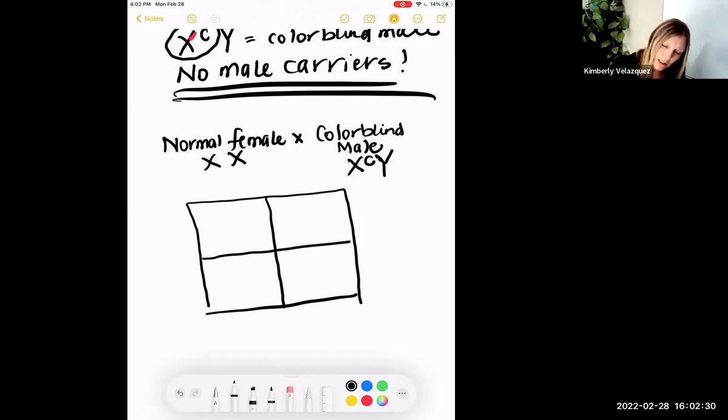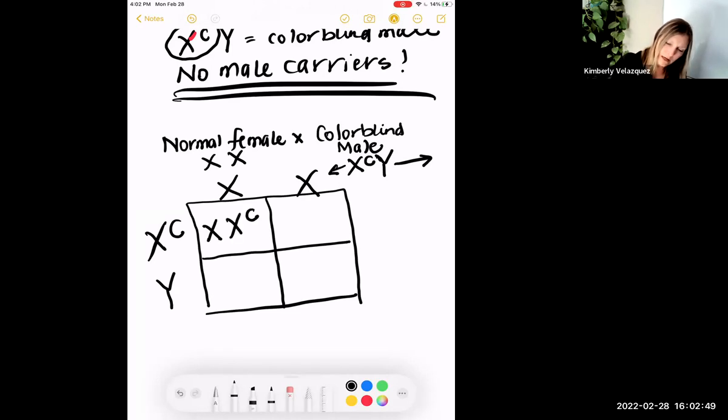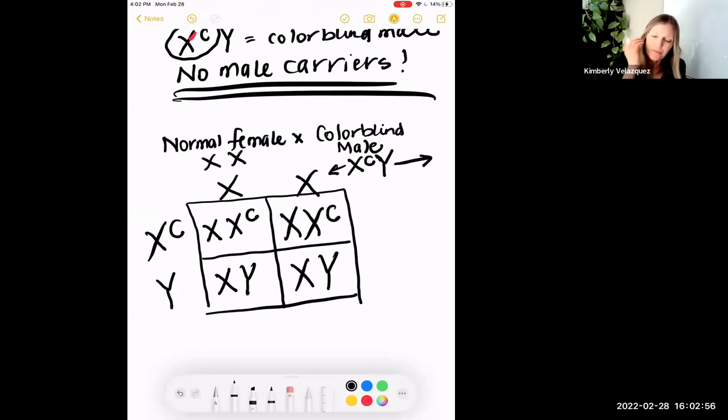So we'll do the female here, XX, and the male here, there's his colorblind X, and here's his Y. So 50% of his sperm are going to get the Y, and 50% are going to get the colorblind X during meiosis. So now let's do the crosses. X, XC, XY, X, XC, XY.